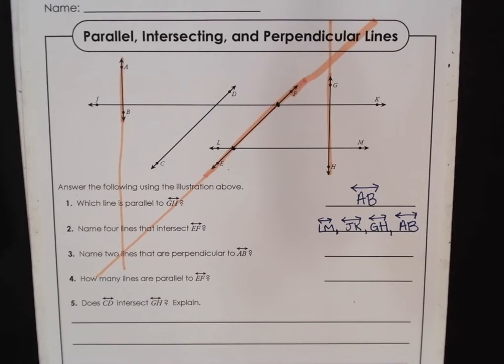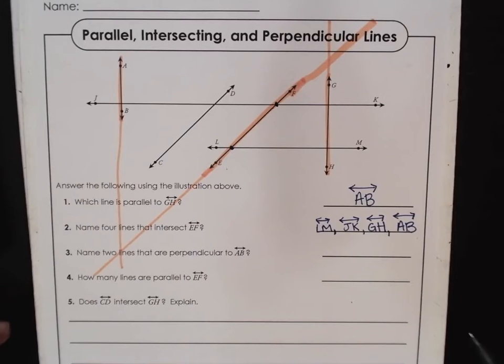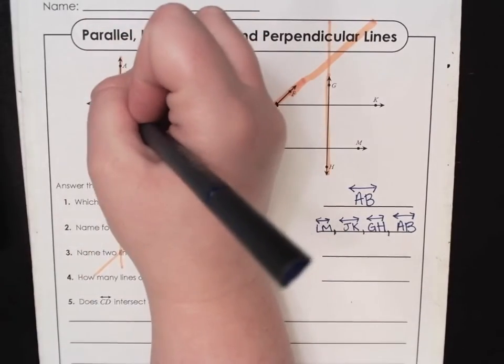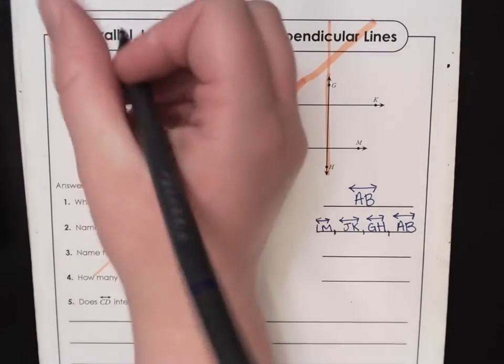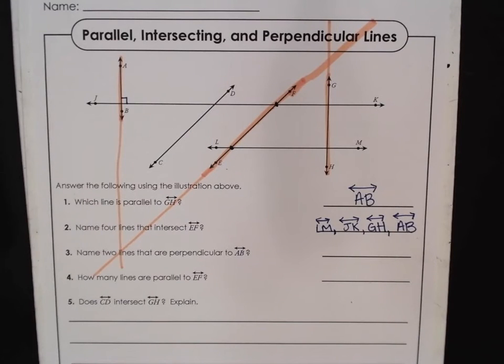Okay. Number 3 says name two lines that are perpendicular to AB. So here's AB. I want two lines that are perpendicular. So that means those lines cross over and form a 90-degree angle. So right here I see AB is crossing over line JK, and that does form a right angle. So since they are crossing like a T, it forms a right angle.